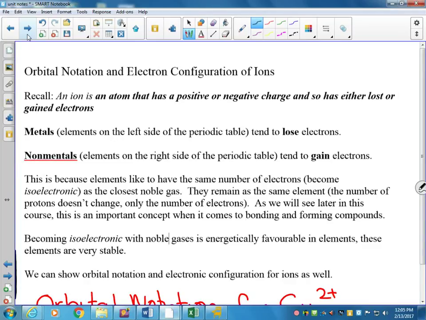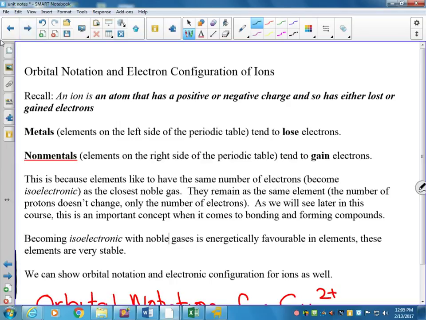Some of you remember that prefix from biology when we did isotonic solutions. Iso, same type. Okay? To the noble gases, they remain as the same element. That means we don't change their number of protons, but we just change their number of electrons so that they're happy with their full valence shell. Becoming isoelectronic with the noble gases is energetically favorable in elements. Make them more stable. Okay?